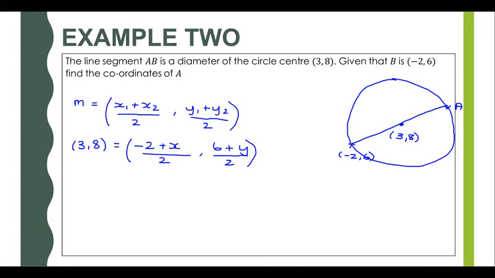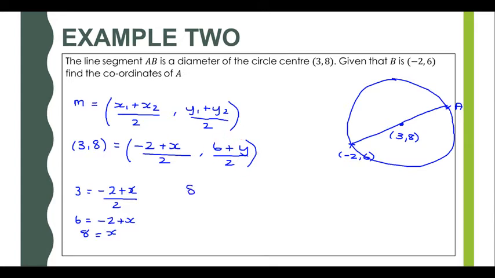So now we can compare each term. So if we look at our x term from our coordinate, we know that 3 must equal -2 plus x divided by 2. And we can rearrange this to get x. So if we times both sides by 2, we get 6 is equal to -2 plus x, and x is equal to 8. And then we can do the same. So if we compare the y coordinates, so 8 must be the same as 6 plus y over 2.